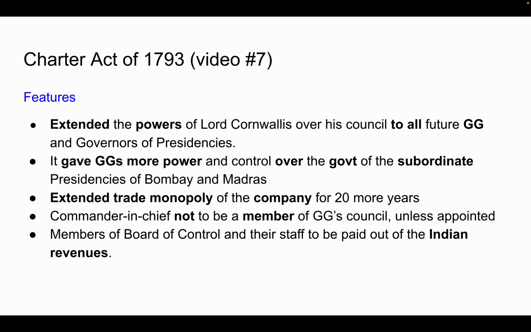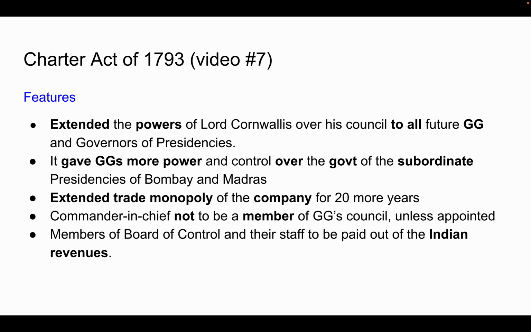This also happened in the Regulating Act of 1773, when the Governor General of Bengal was given more power as compared to the Governor General of Bombay and Madras. And this same thing continued in this act, that more powers were given and control over the government of subordinate presidencies, Bombay and Madras. Then it extended the trade monopoly of the company for 20 years.